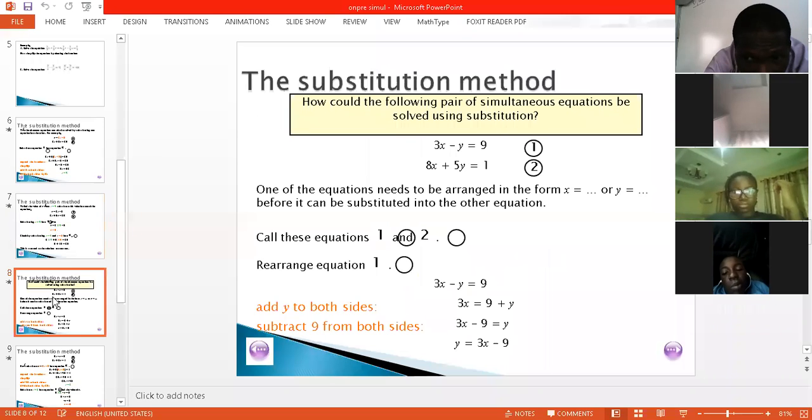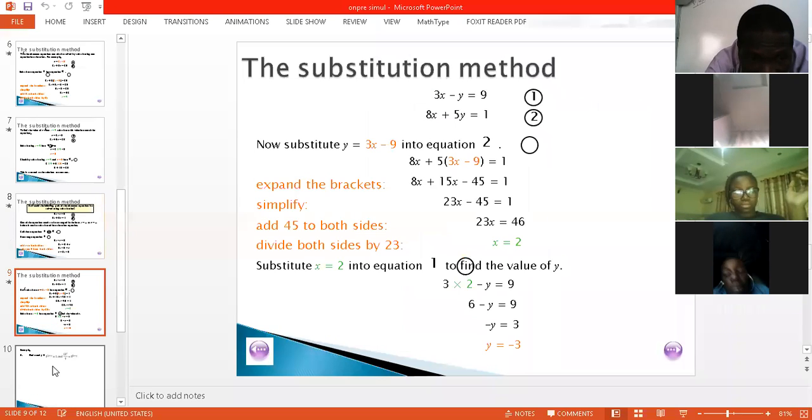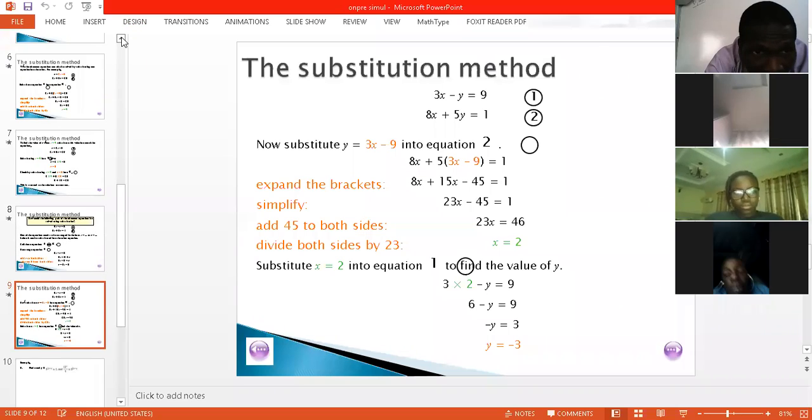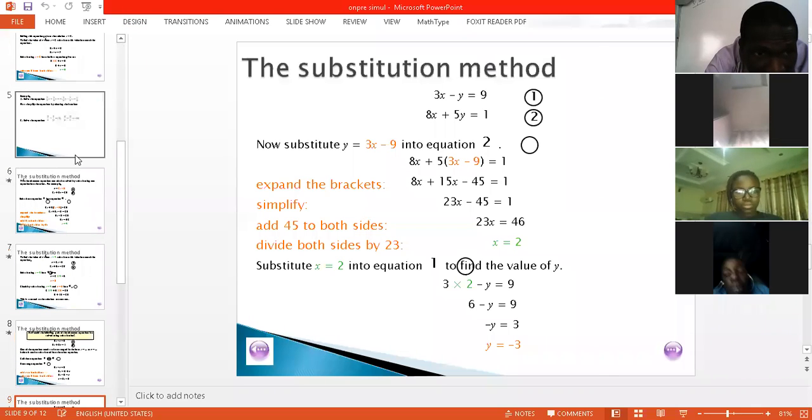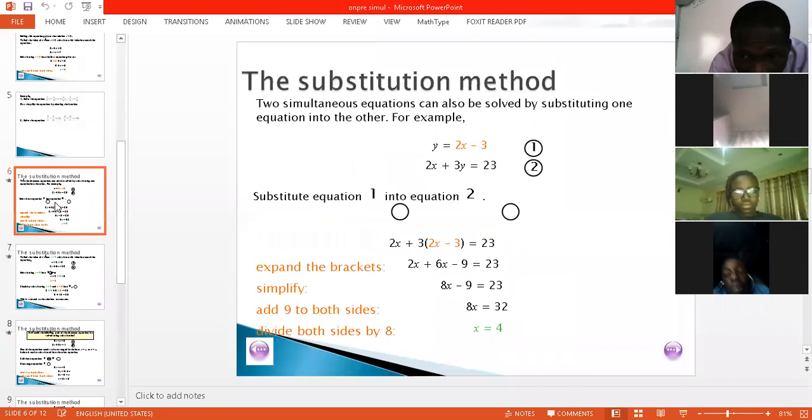Have you all done this? Amdalat, hold on. I will attend to you. Now have you done this too? Are you all set? This is the first slide. Have you done it?